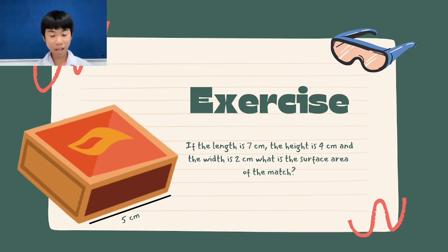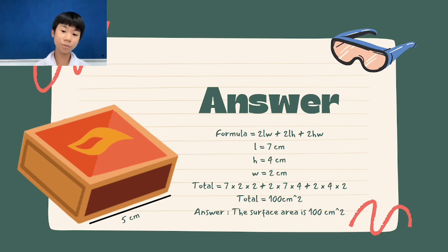The formula is 2 length height plus 2 height width plus 2 width length. You can calculate it yourself. The answer is 100 centimeters squared. So the surface area is 100 centimeters squared.